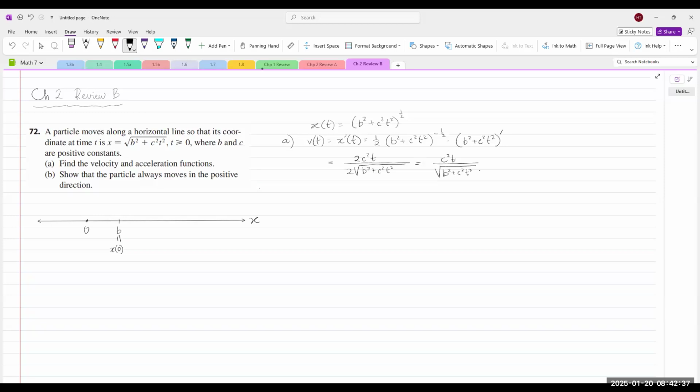That's the velocity function. We can just stop there. But for the purpose of our next step, finding the acceleration function, I need to do a further derivative from there.